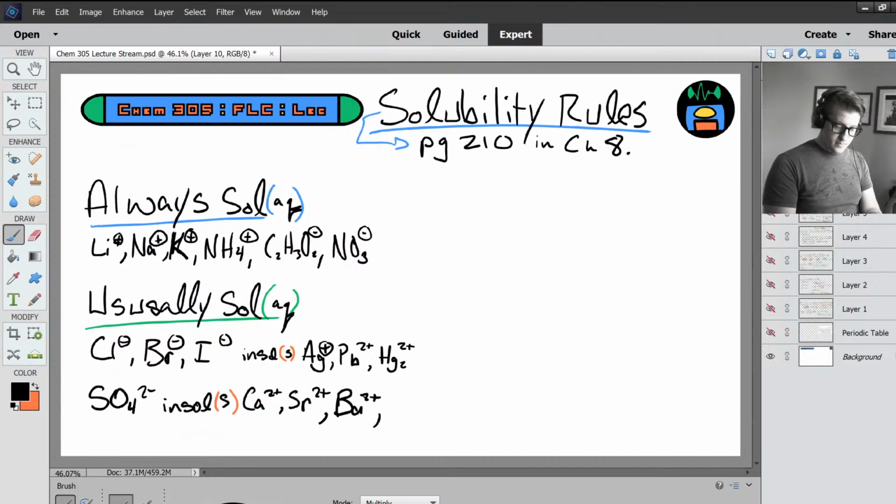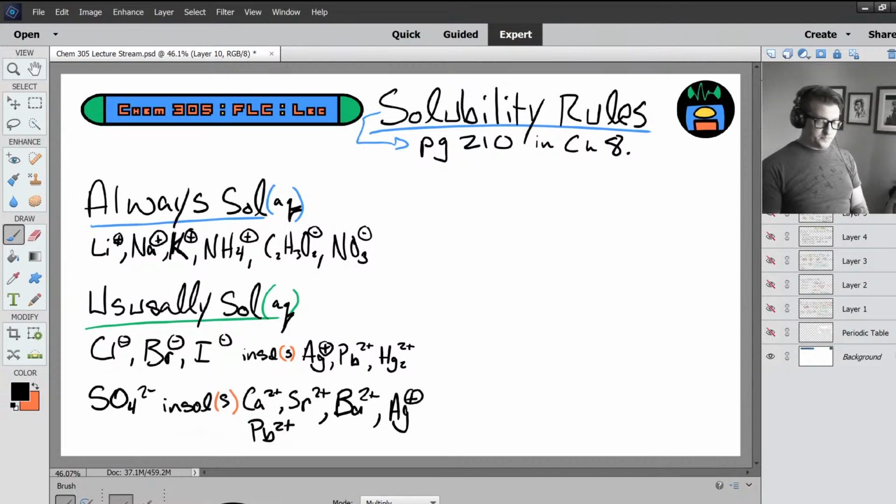Barium, that again looks like an 8, that's a +2. Silver, and lead 2. All right, so those are the always soluble and the usually soluble.